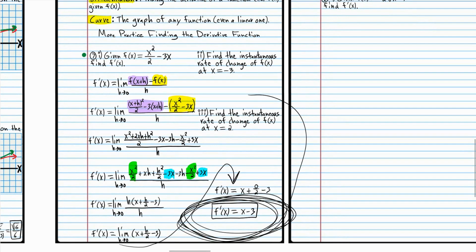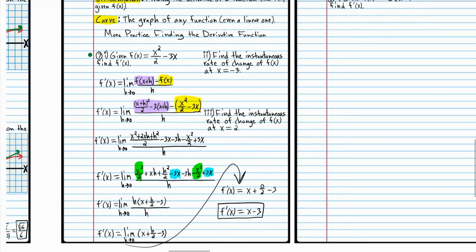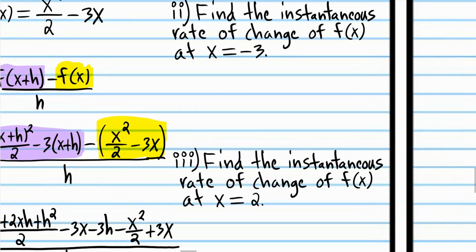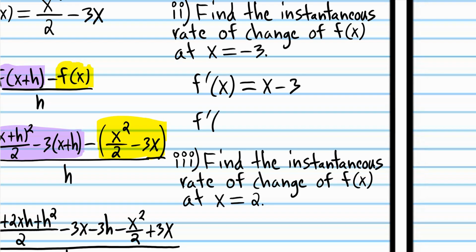That's the slope of the tangent line when x is equal to negative 3. So all we do is just plug it in. So f prime of x, we just found, is equal to x minus 3. f prime of negative 3 is negative 3 minus 3, which is negative 6.